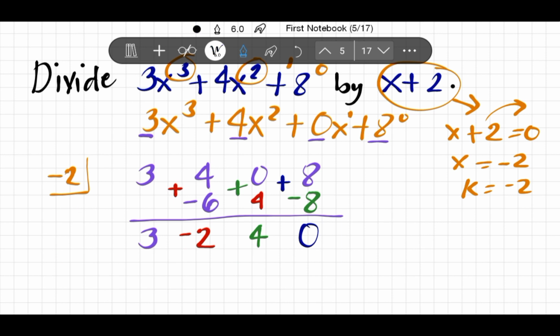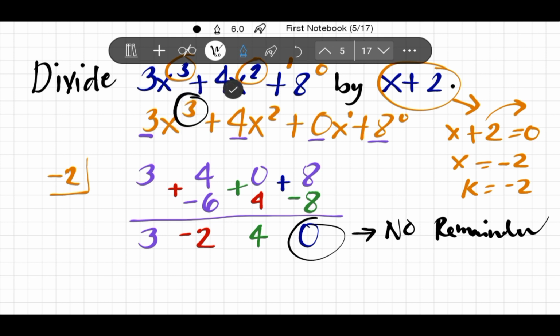Okay, so since you have here 0, it means that there is no remainder, because the last column in the third row is 0. And since the given dividend starts with the power of 3, the quotient will start in the power of 2.